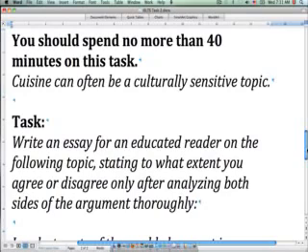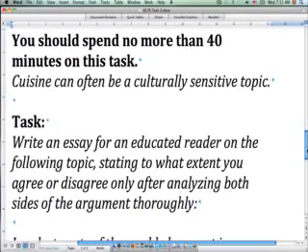Now something that's culturally sensitive would be something that is perhaps different based on the culture that it comes from. So this line, cuisine can often be a culturally sensitive topic, is just saying that what one place in the world considers food, another place in the world may not consider food.